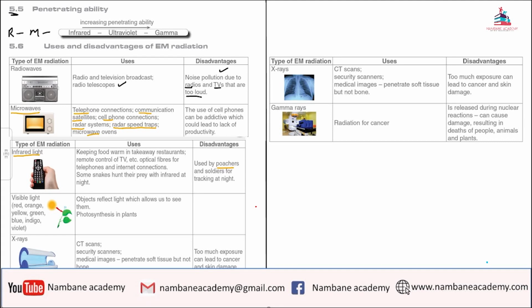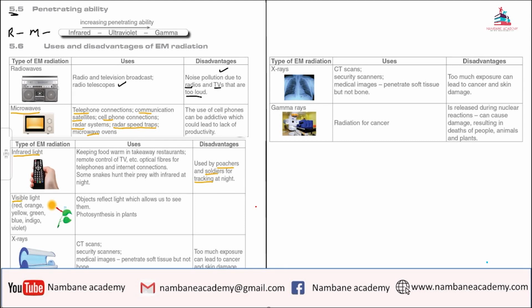It is used by poachers and soldiers for tracking at night. It's very easy. When it is a time for war, there are guns that have this infrared. When they see the prey or a poacher or somebody like that, they just use that infrared to shoot the right target. So that becomes a disadvantage.